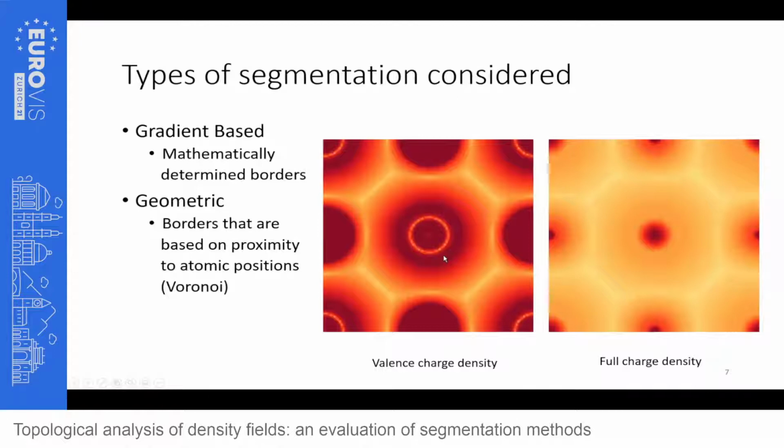And this will greatly impede the segmentation process. On the other hand, if you're using full charge density, and some codes are able to generate the full charge density, you'll have an easy time determining the segmentation because, like I said, all the gradient paths will end up at one point.